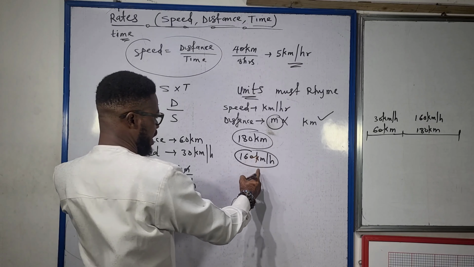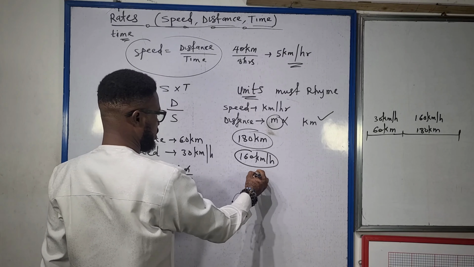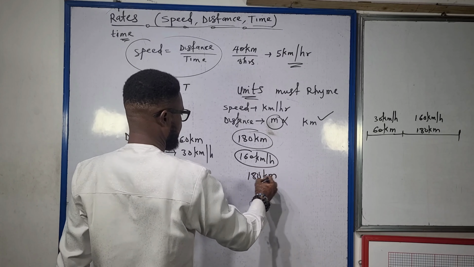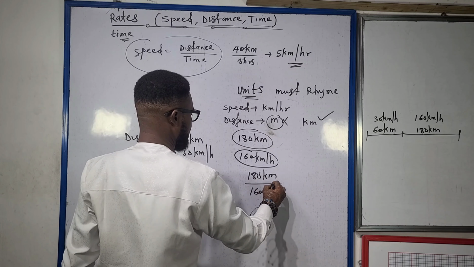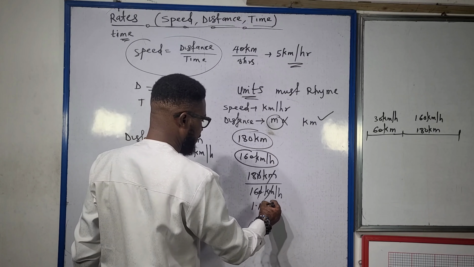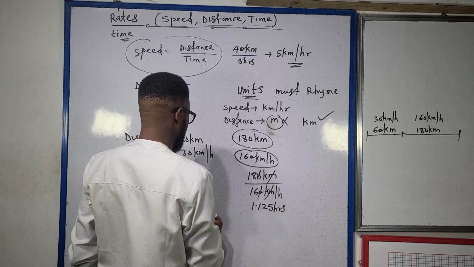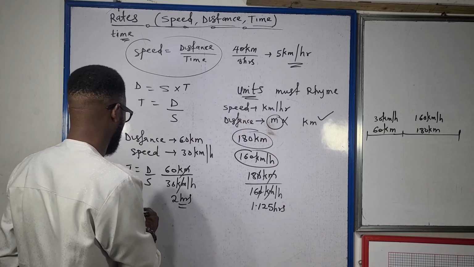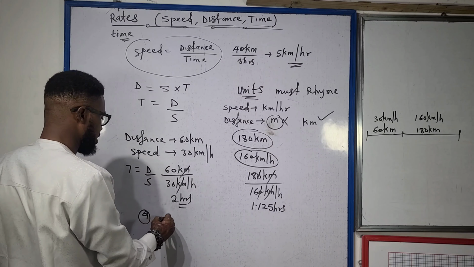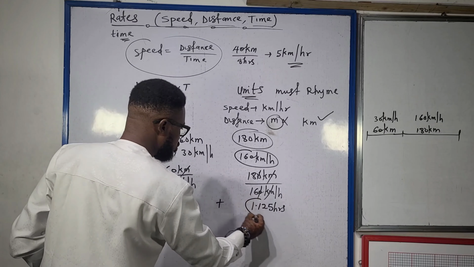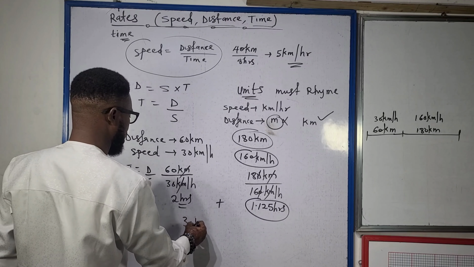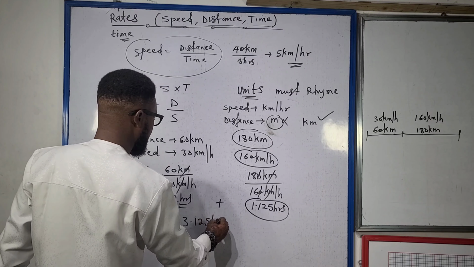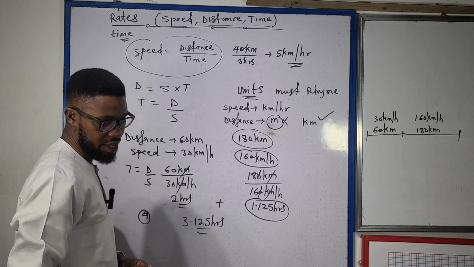For this part of the journey, that is going to be 180 kilometers divided by 160 kilometers per hour. That is 1.125 hours. So for part A of the question, that's going to be 2 hours plus 1.125 hours. That will be 3.125 hours. That is the total time taken.